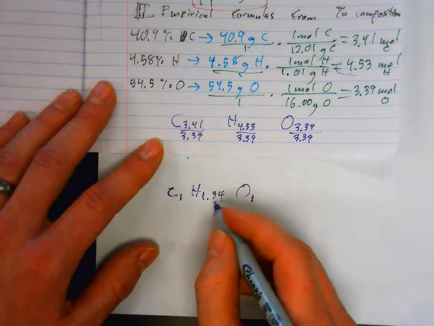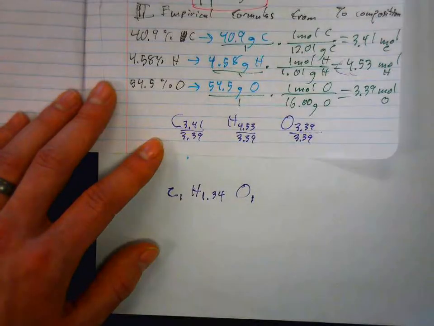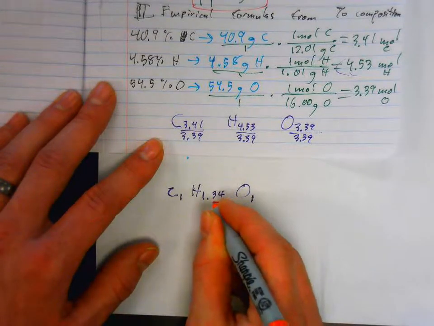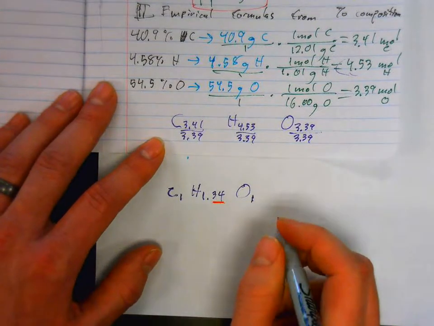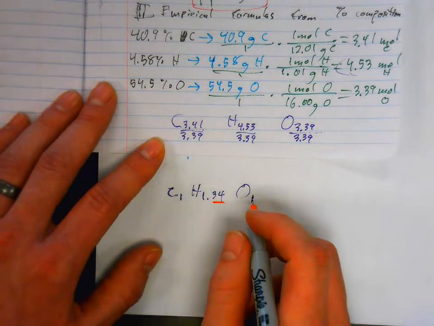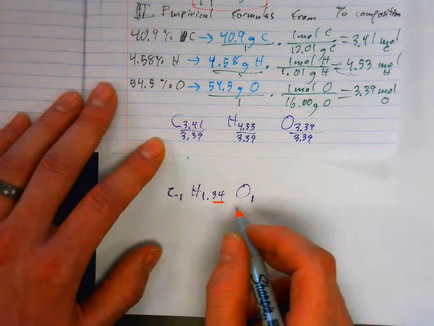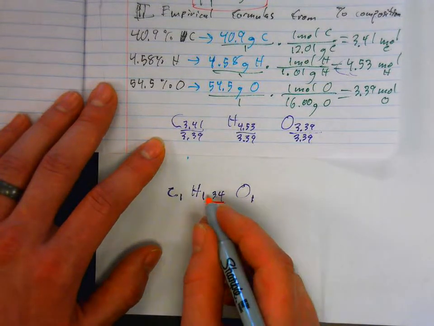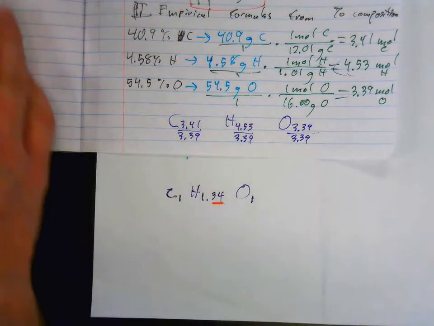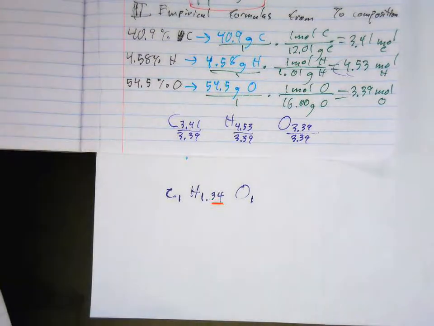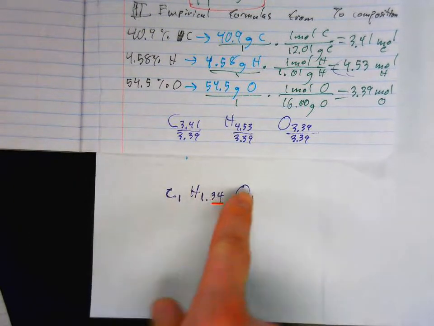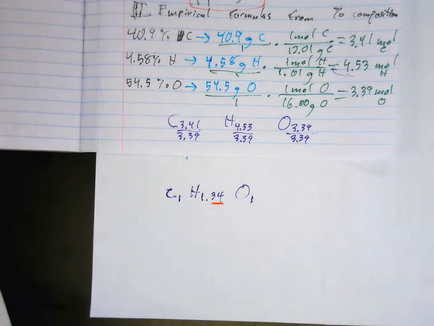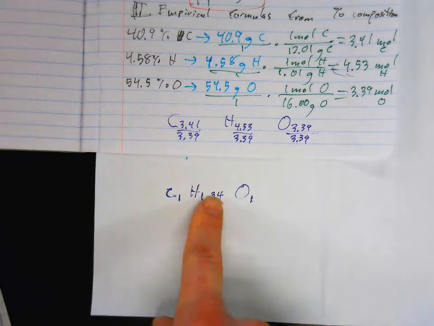Now, if this decimal number is greater than 0.1 away from the whole number, we can't simply round it to the nearest whole number. We can't simply round this to a 1. In this case, we need to multiply all the numbers proportionally by a small integer that will make this a whole number.